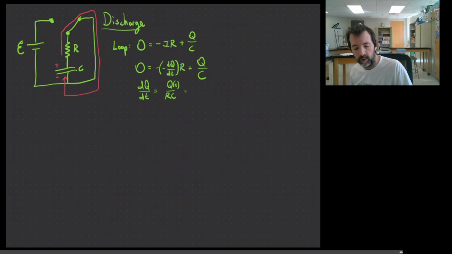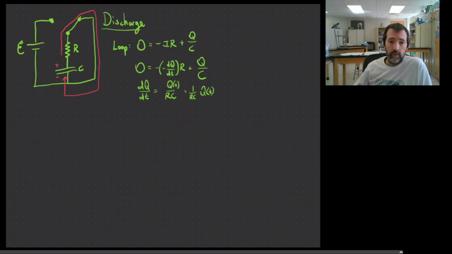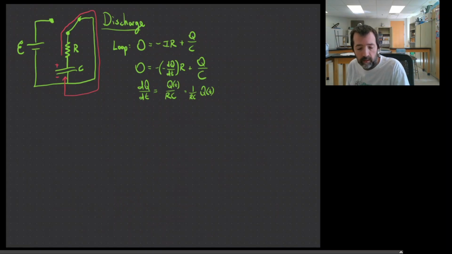So what this is telling me is that I have some function q, and the derivative of that function q is a constant times the original function. Okay? This is basically saying f prime equals c times f.